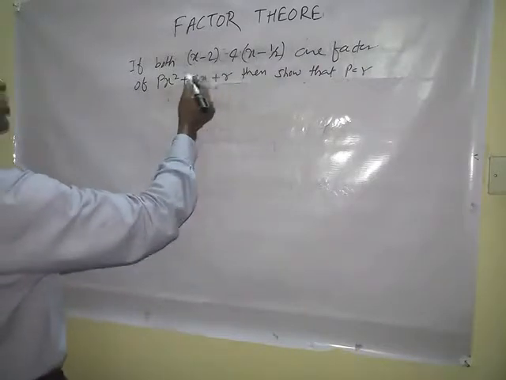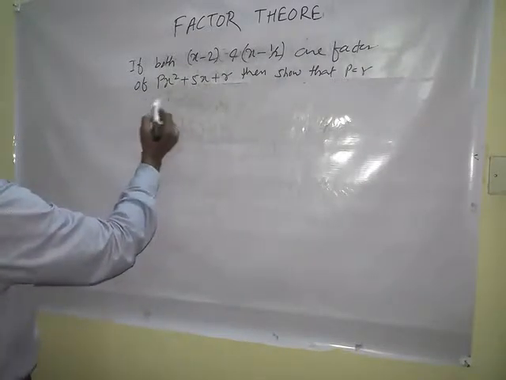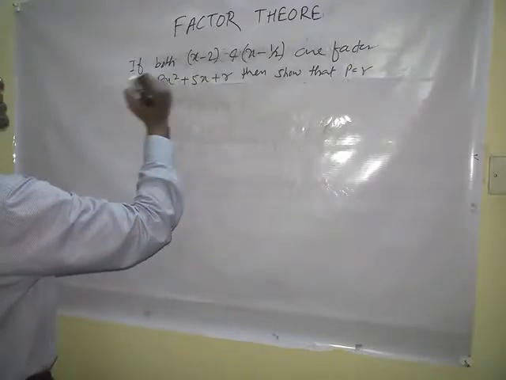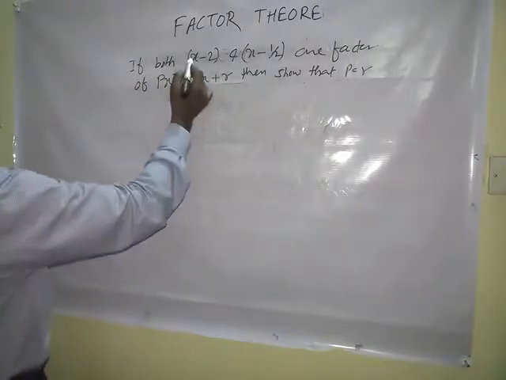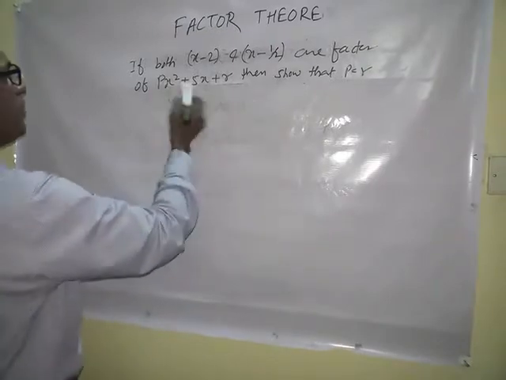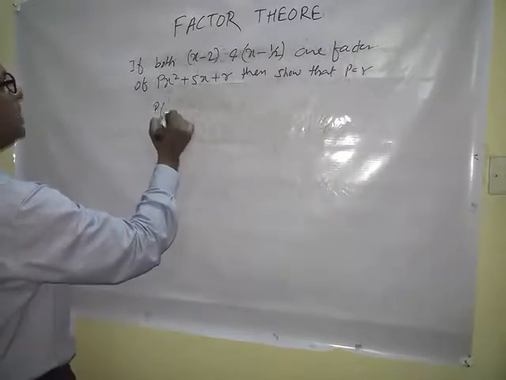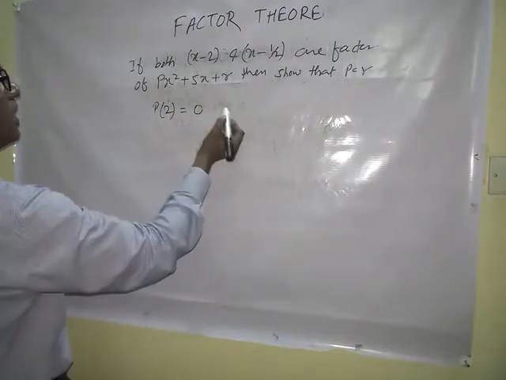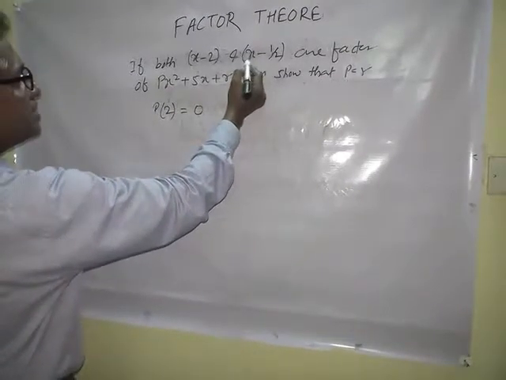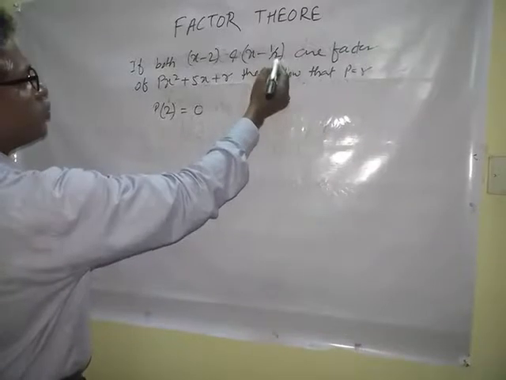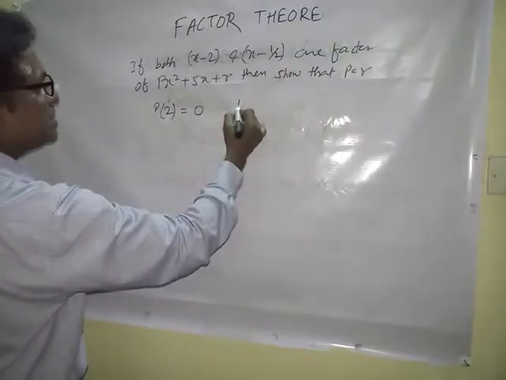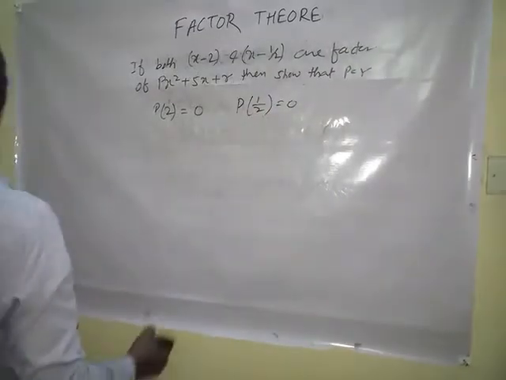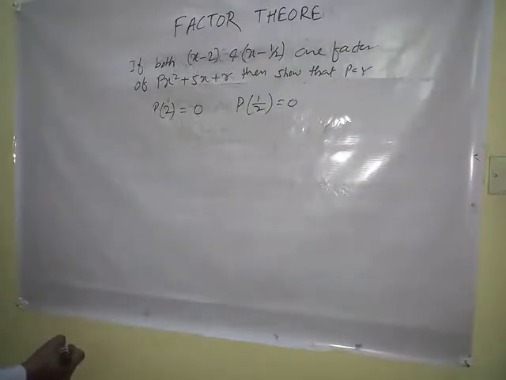So again what you have to do, let p(x) is equal to px square plus 5x plus r. Since x minus 2 is a factor of p(x), hence p(2) equal to 0, and since x minus 1 upon 2 is a factor of p(x), hence p(1/2) equal to 0. Find out both the things.